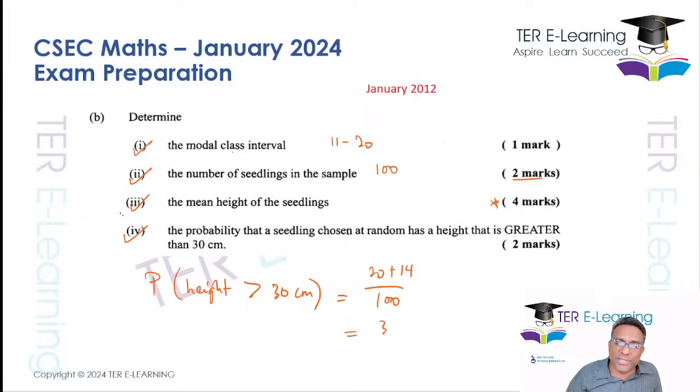So this is actually 34 over 100. So read these questions carefully. There's a reason why they put this in caps here. They wanted you to figure out where your upper class boundary is and then make a decision based on that.